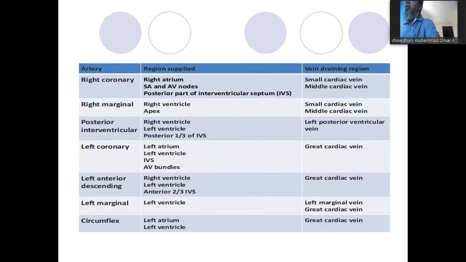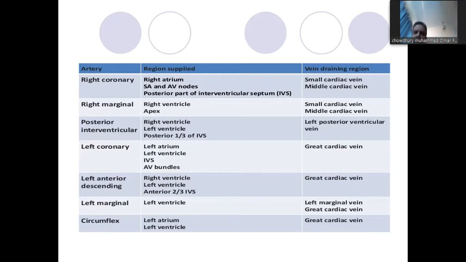A study shows that with blockage in the left dominant coronary artery system, there is a significant risk of 30-day mortality and early reinfarction after ST elevation MI. But after 30 days, the outcome is the same for right and left dominance.